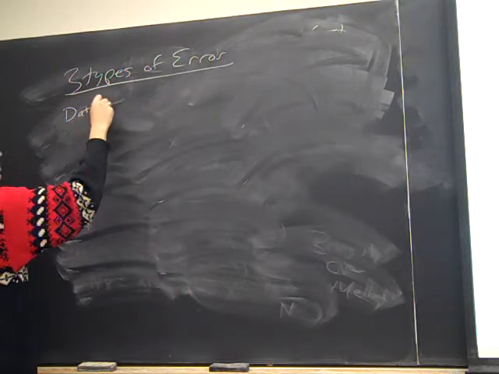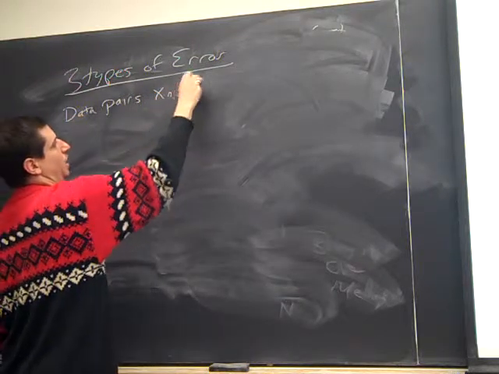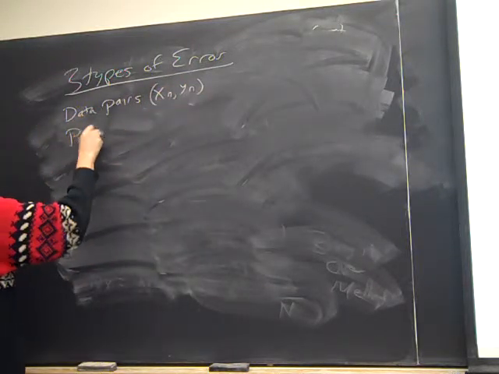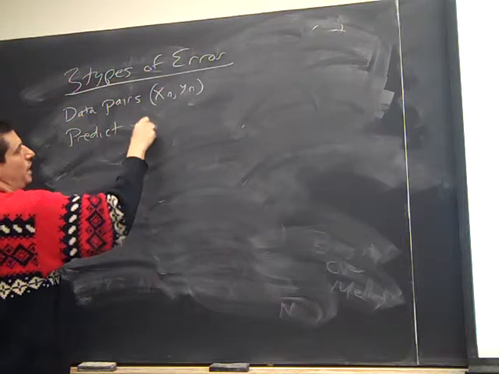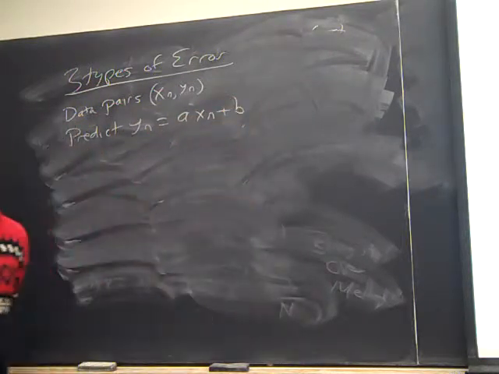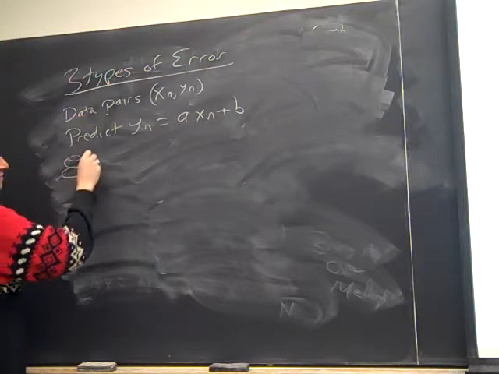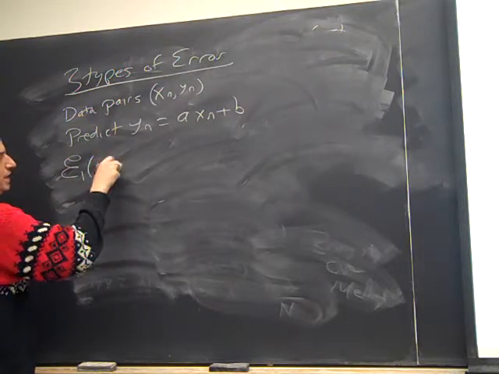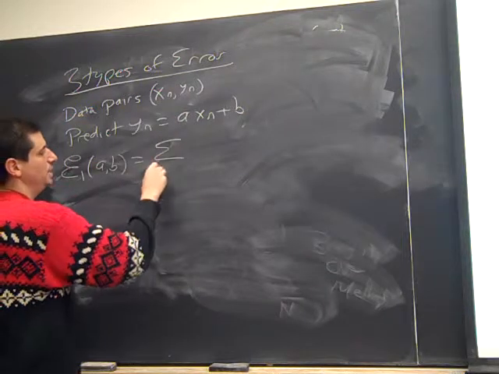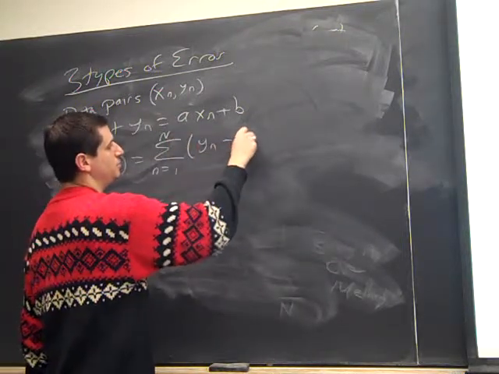Data will be pairs xn and yn, and we predict yn is axn plus b. So we predict a linear relationship between the input variable x and the output variable y. One possible error function, a function of a and b, is just the sum from 1 to n of yn minus the prediction.